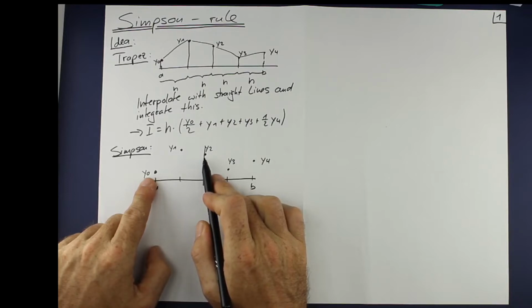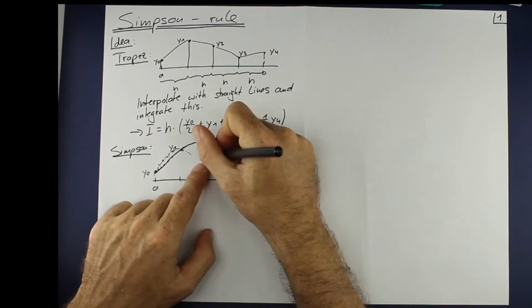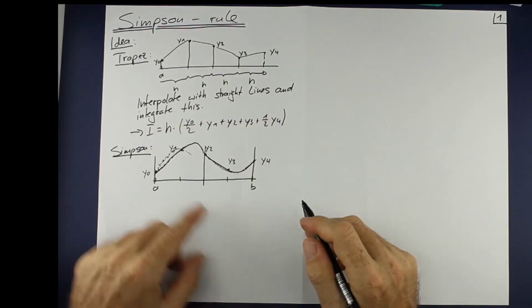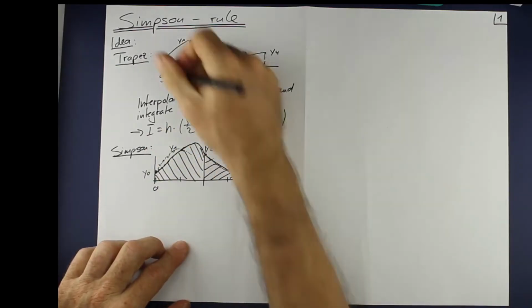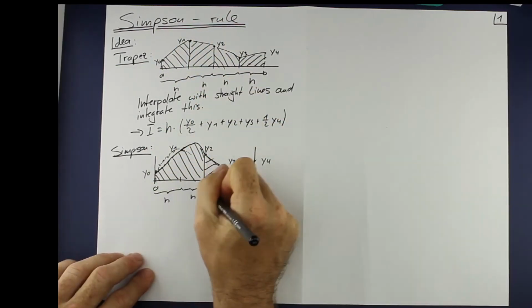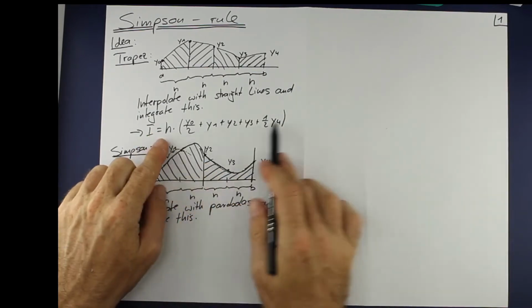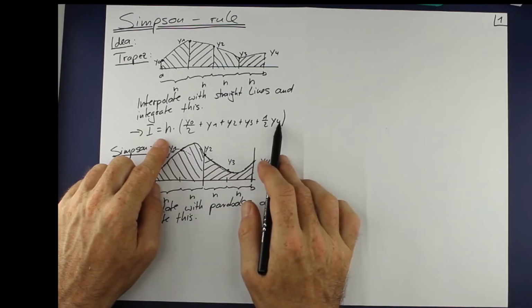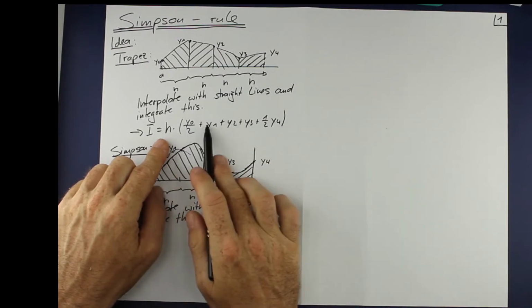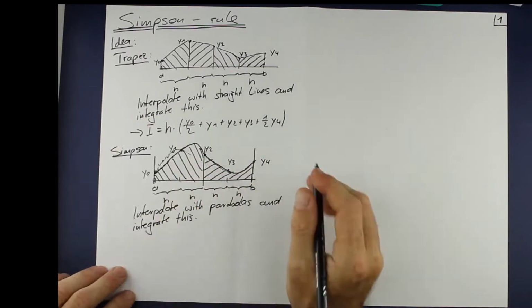How would that look like? And then we integrate these parabolas. And what will we get? We will get a formula which looks like that, but with some modified weights, and that's all that will change.